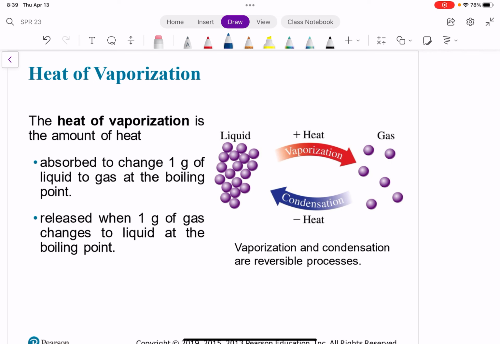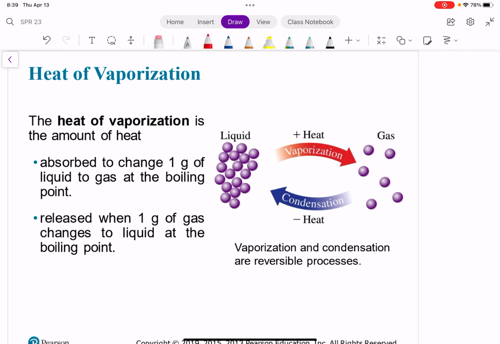Just like the heat of fusion was about melting, going from solid to liquid or liquid back to solid, the heat of vaporization is going from liquid to gas or gas back to liquid.